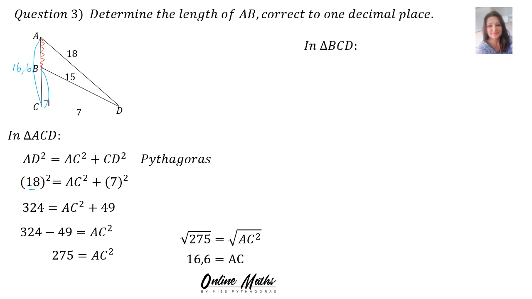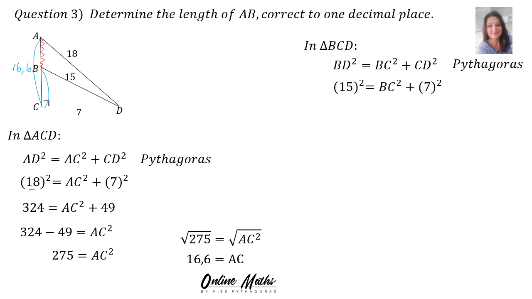Now we can move over to little triangle BCD. It's also a right angle triangle, so we can use the theorem of Pythagoras. Hypotenuse squared, which is BD squared, is equal to BC squared plus CD squared. Now we substitute.